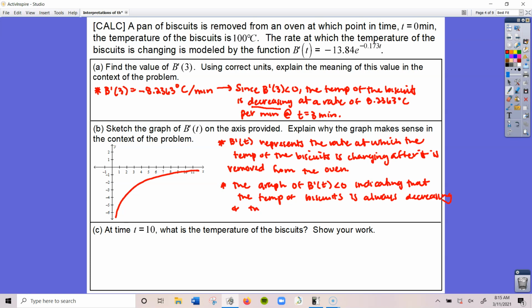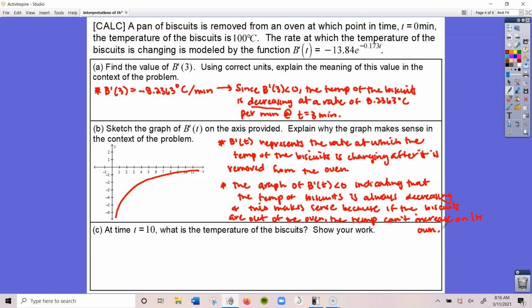And this makes sense because if the biscuits are out of the oven, the temperature can't increase on its own.